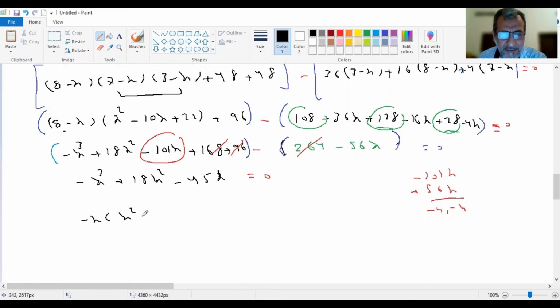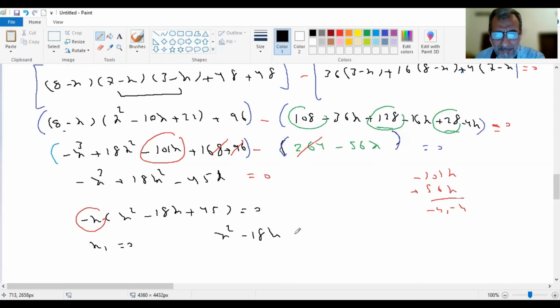So I have lambda squared minus 18 lambda plus 45 equal to 0. So now I have lambda 1 is equal to 0, the first one, or lambda squared minus 18 lambda plus 45 equal to 0.